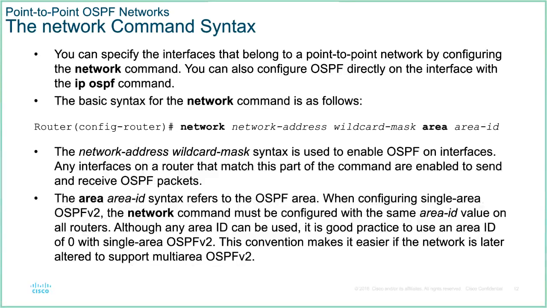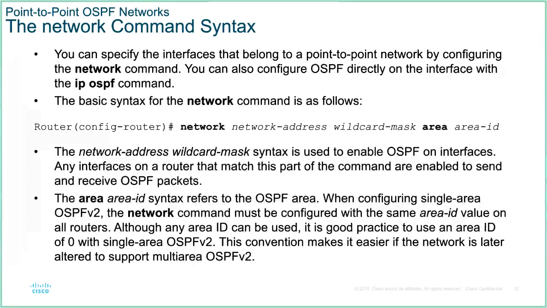And just a reminder on how to calculate a wildcard mask. Put 255, 255, 255, 255 down, and then your subnet mask underneath it, and you subtract the subnet mask from the 255 top line, and that converts your subnet mask into a wildcard mask.